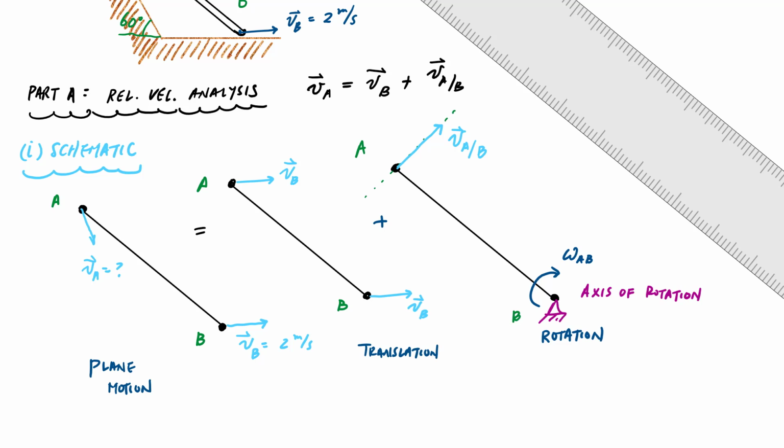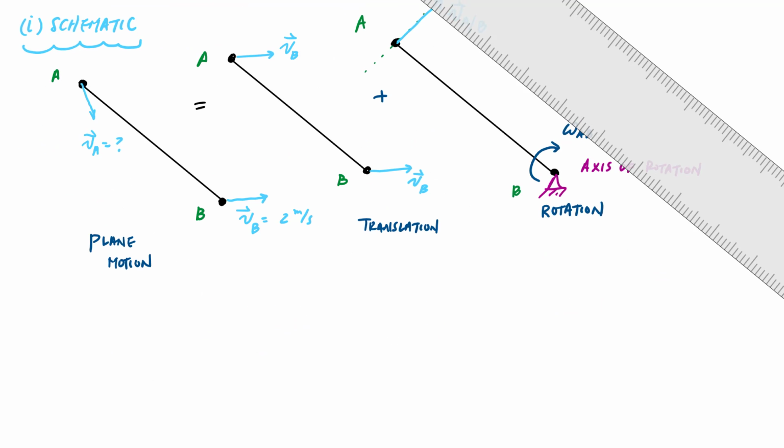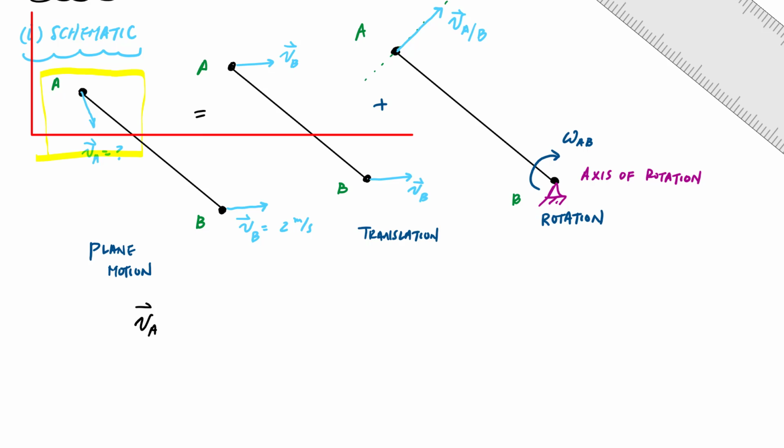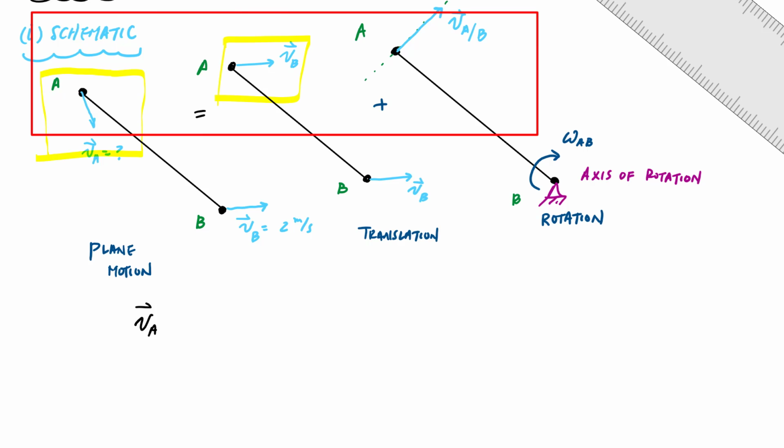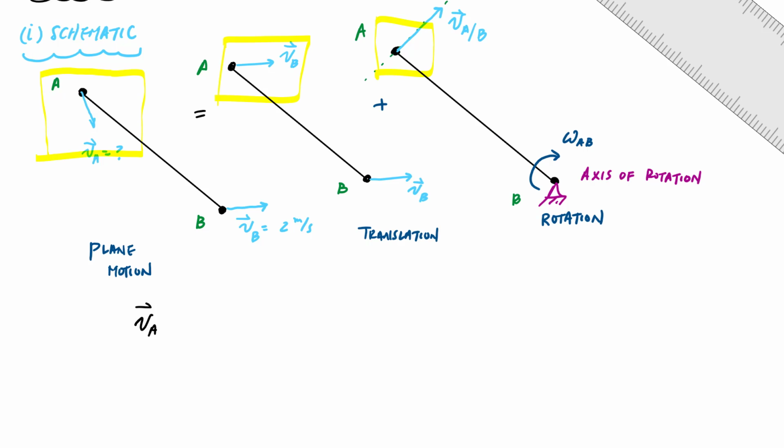That becomes my axis of rotation. I guess a direction for the angular velocity omega AB, and then I draw the corresponding relative velocity vector, VAB. My equation will reflect point A, and we're focusing on this point A as part of my relative velocity equation.